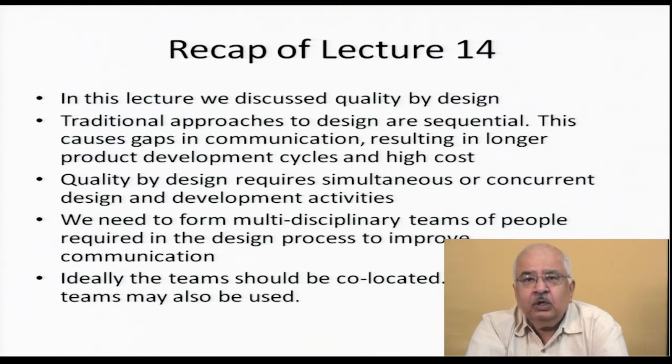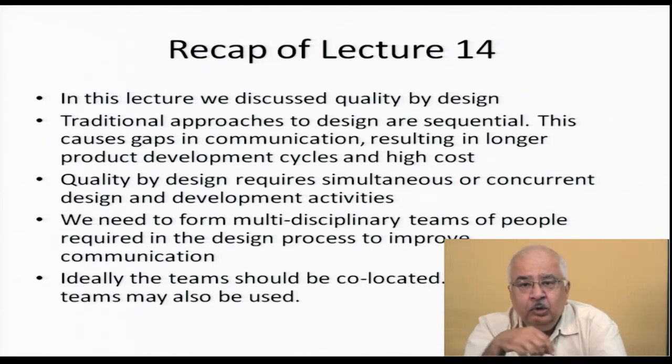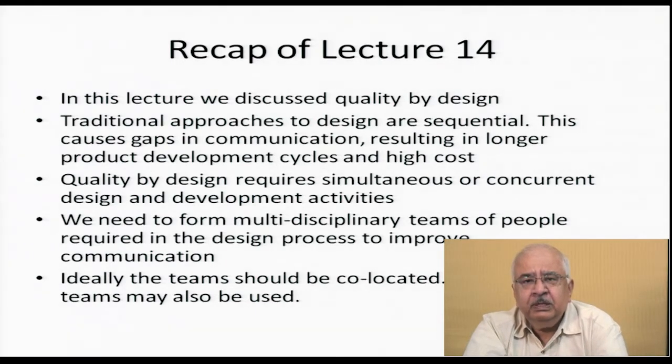By doing this, you removed the need for a lot of rework that used to be done when the design people did their job first and tossed it over to the process people, and the process people may have come back and said, no, this is not possible, and so you need to redo the design.